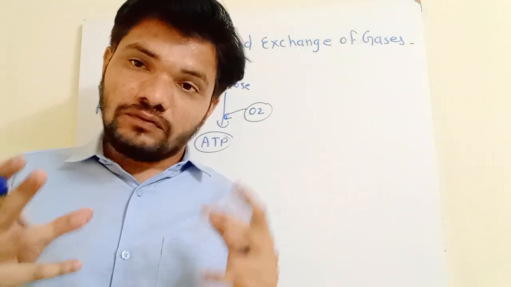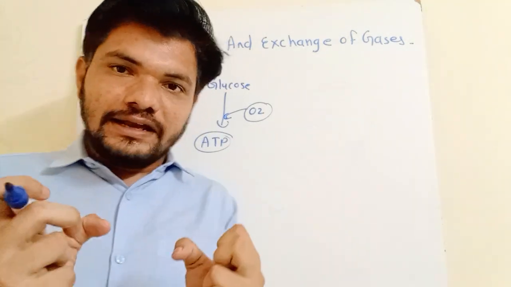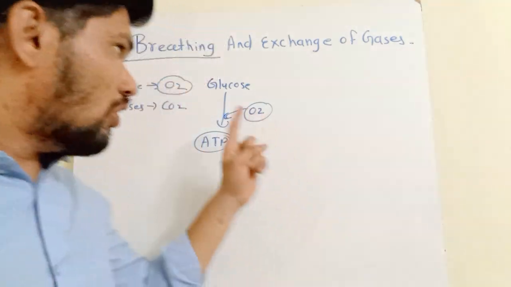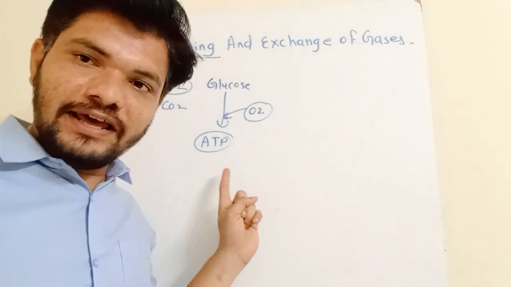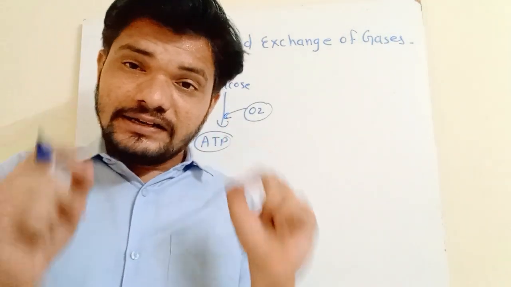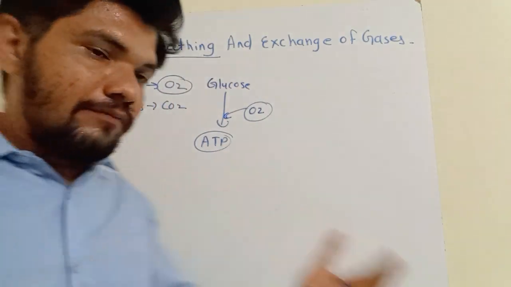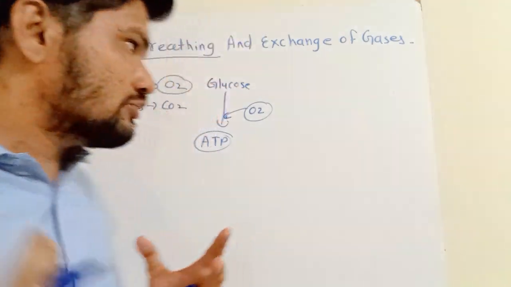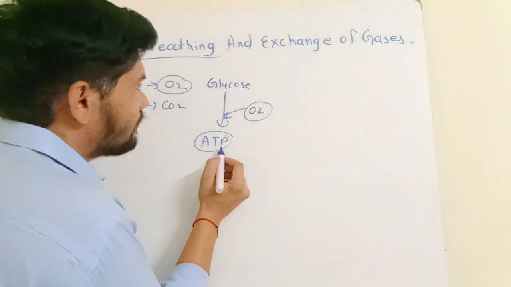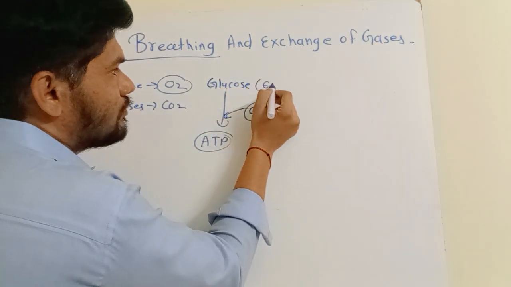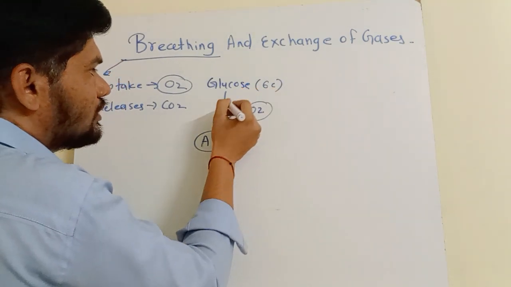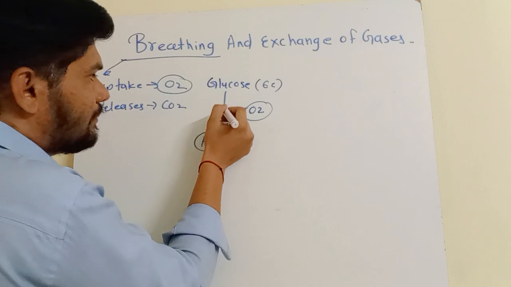So for the synthesis of ATP, to trap the energy which we get from glucose, we need oxygen. That's why each and every cell needs oxygen, and that's why we take up oxygen from the atmosphere. Then what happens when cells are making this ATP? Glucose, which is a 6 carbon molecule, produces a waste product called CO2 whenever we synthesize ATP.